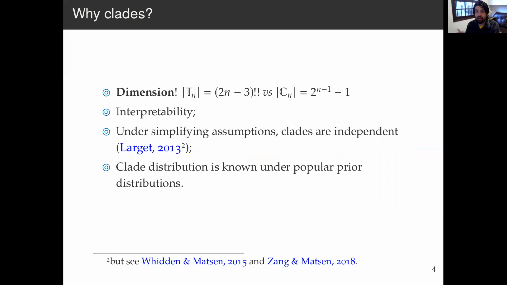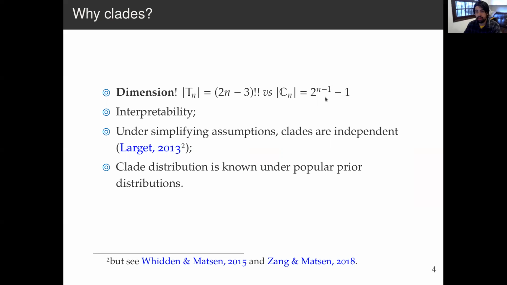But these subtrees, these clades, these partitions are a very natural thing to look at, right? But why are we looking at clades? Well, first of all, there's a huge dimensional reduction, right? So little n here is the number of leaves in the tree, and in modern analysis, this could range from a few dozen to a few hundred up to some thousand leaves. So this is a humongous number, right?